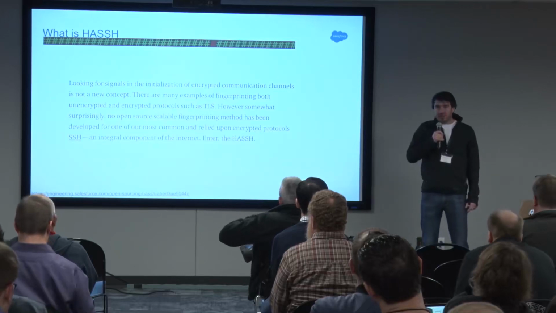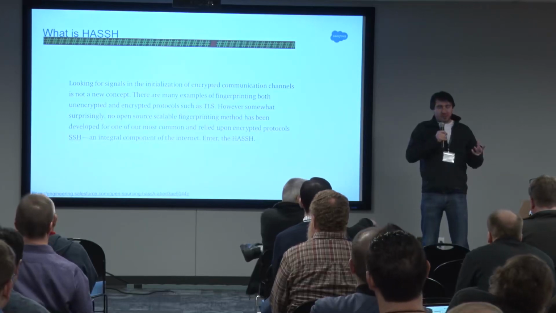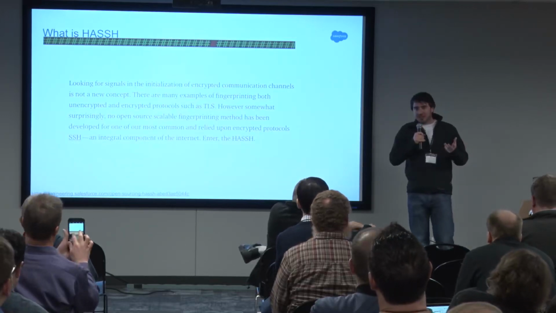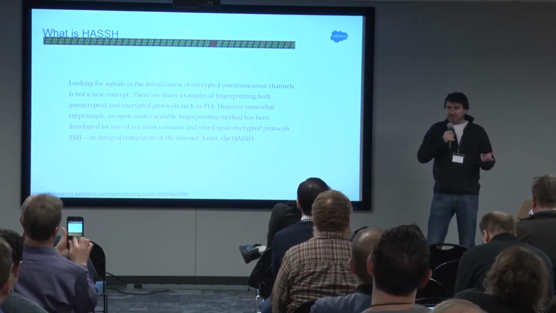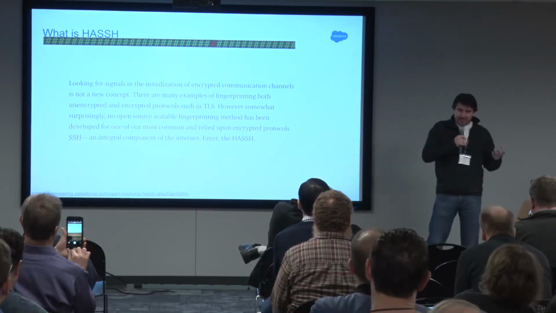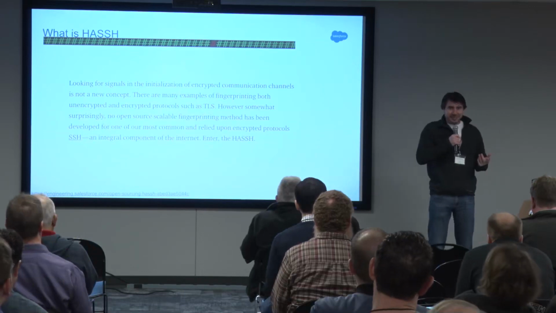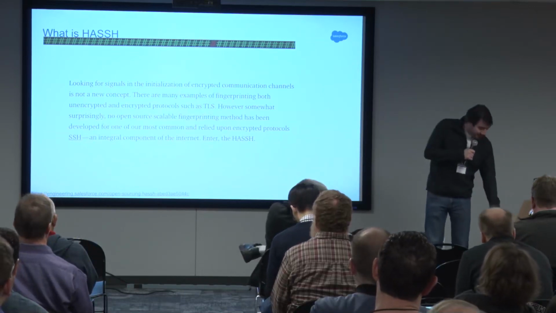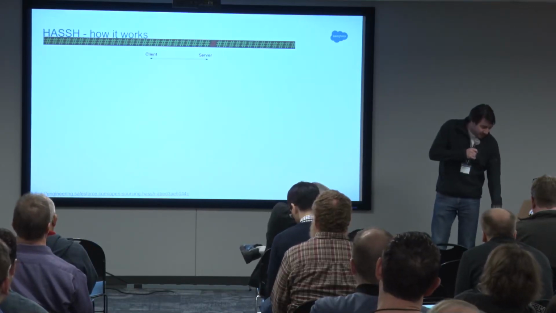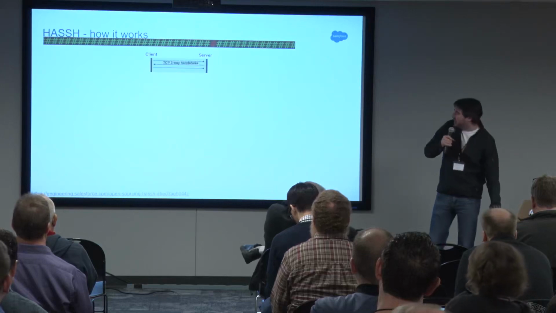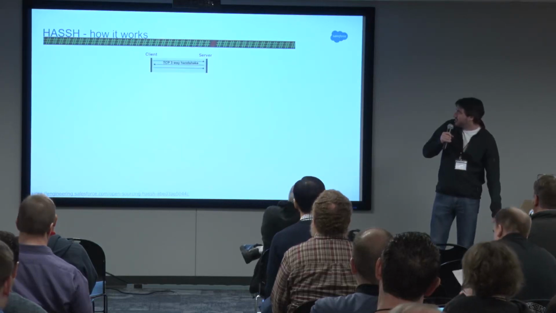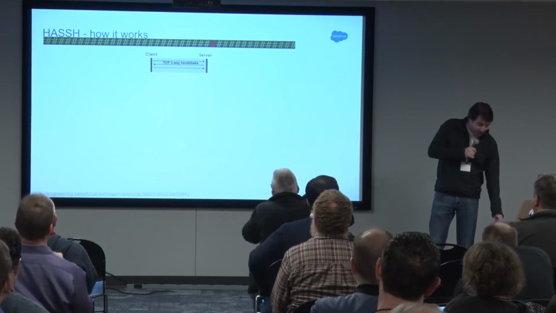Ben was excited by JA3, which is fingerprinting for TLS communication, and he was looking at SSH packets in Wireshark, and he saw some anomalies, and he thought, "Hey, I could apply the same technique for SSH," and it worked. So here's how it works for an SSH connection. First, there's the TCP three-way handshake.